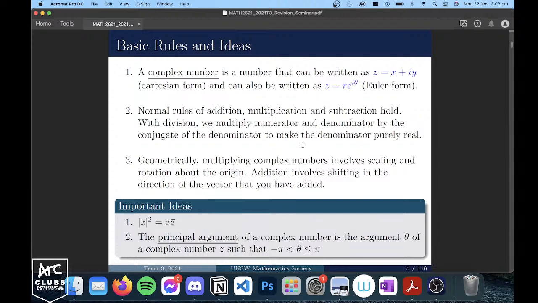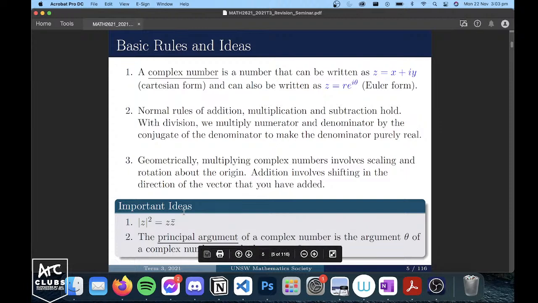Another important point is that complex numbers, because they have a size and an angle, can also be represented as vectors. And when you have something in Euler form, with a size and an angle, you can also scale and rotate complex numbers about the origin.